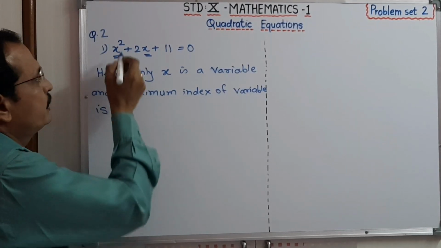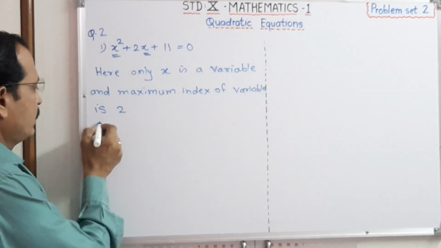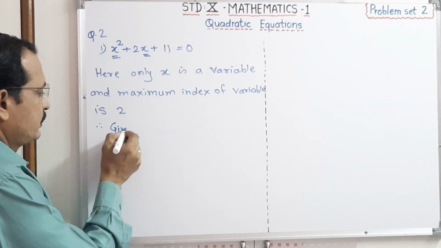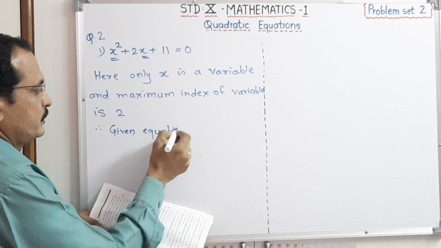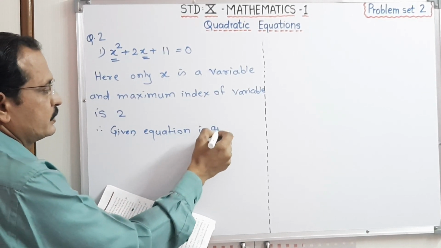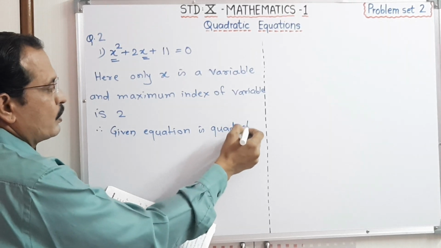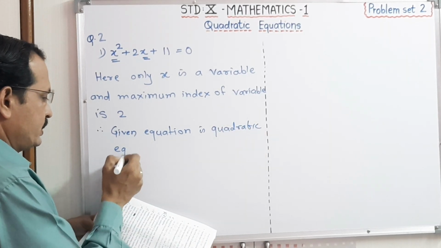Here it is 1, here it is 2, and therefore the given equation is a quadratic equation.